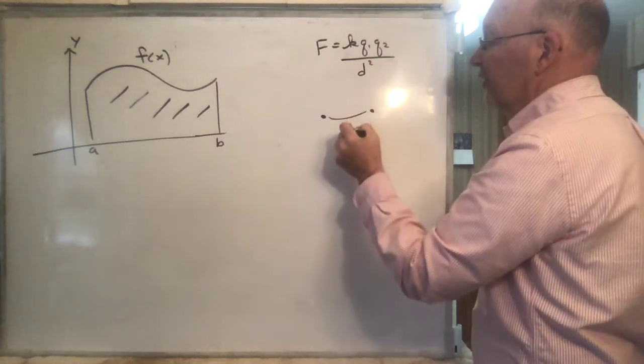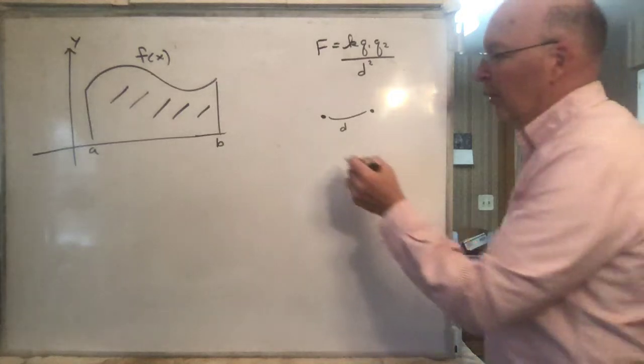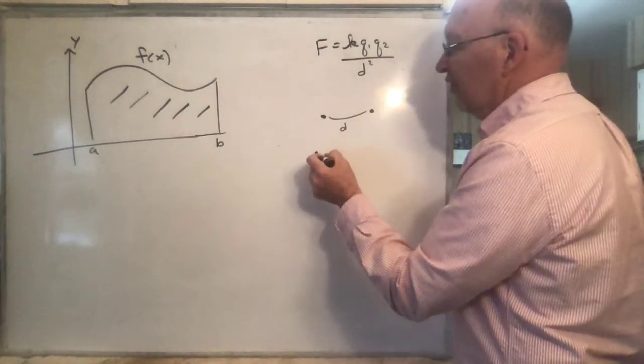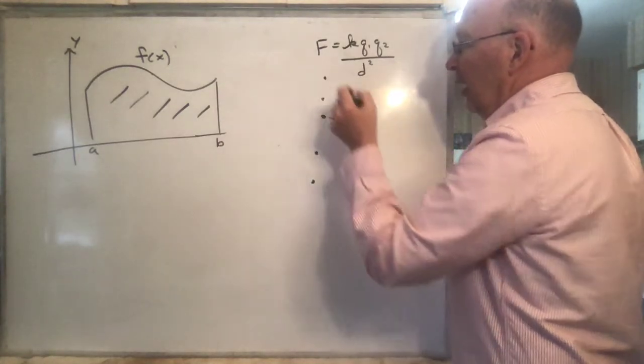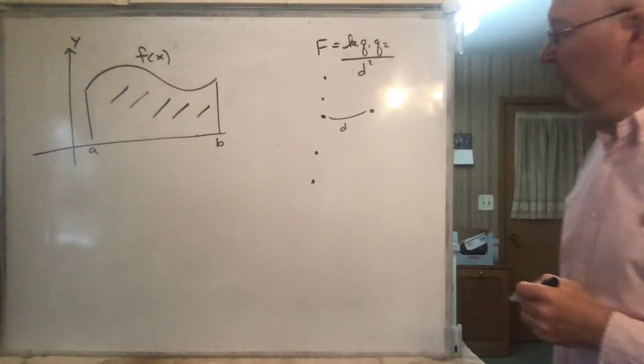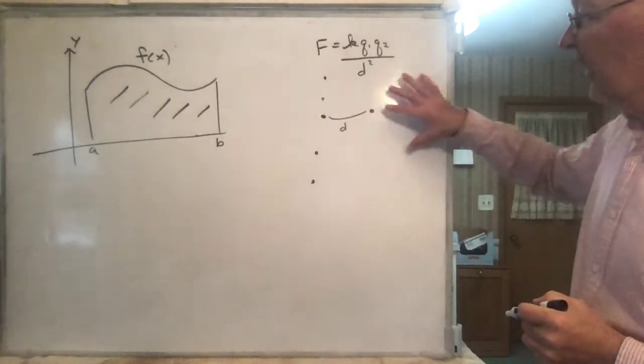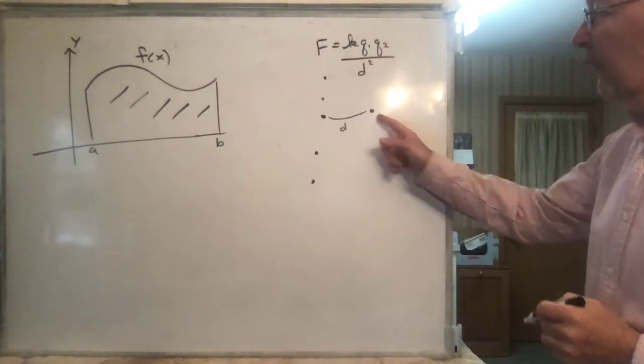If this distance is d, then it's the square of the distance, and that gives you the force. And if you want to find the force on this thing due to several charges, then you can basically just add up the forces. Realize they're vectors, of course, but add up those forces due to each one of these and add them together, and you'll get the entire force on this.